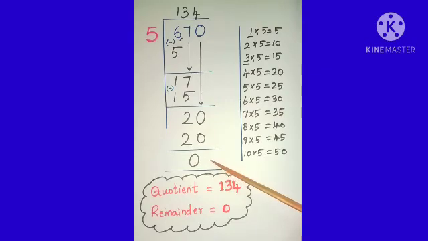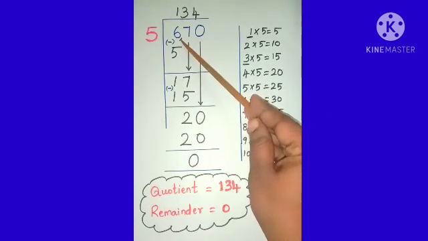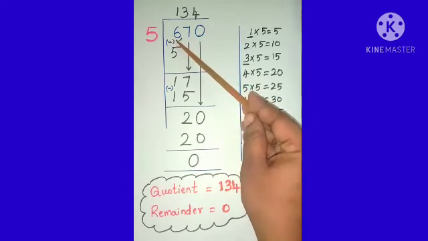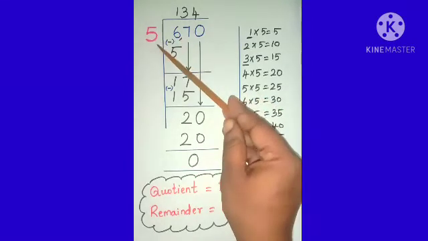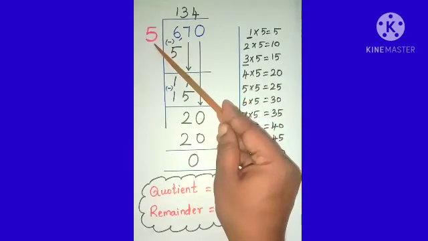Now children, let's go to the problem. Here first take the first number from the dividend. The first digit is 6, and see whether the number 6 is divided by 5 or not.